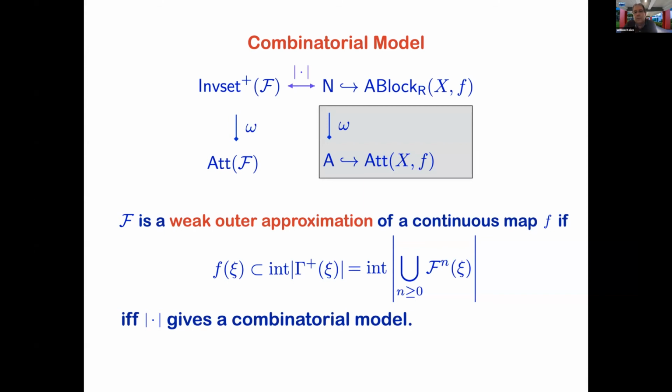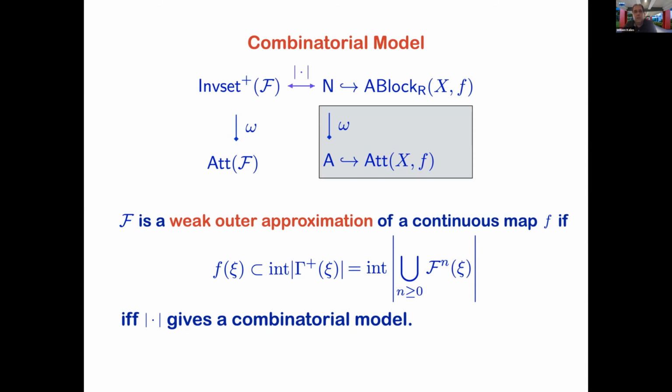And of course, once I have a lattice of attracting blocks for my system, I can look at the attractors in the system by applying omega in both cases. And what does this tell me? Can I relate the attractors of the multi-valued map to the attractors of the underlying system? Can I get Morse decompositions, right? So what can I extract from this?